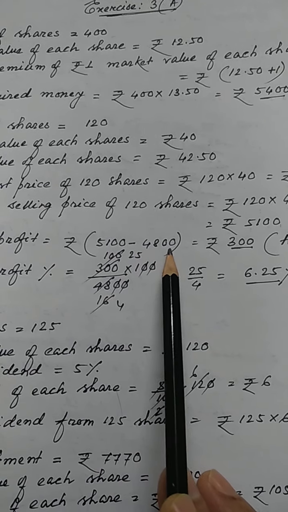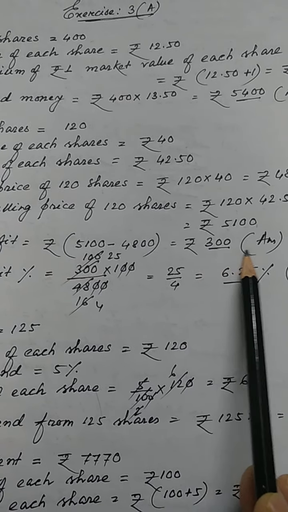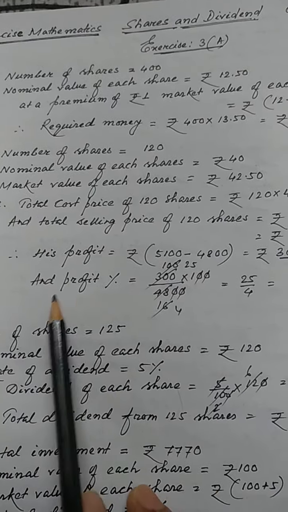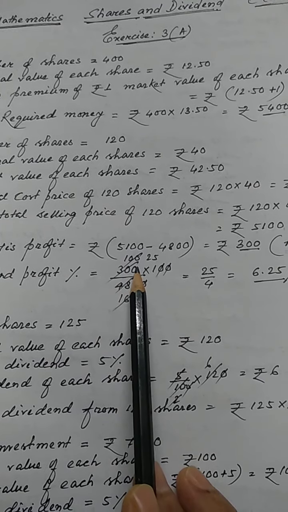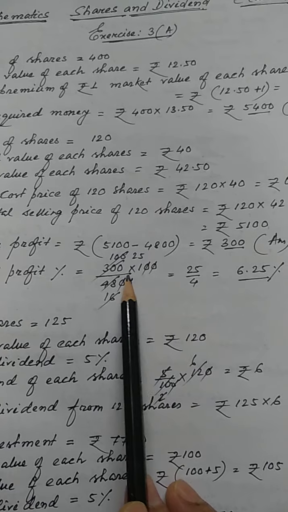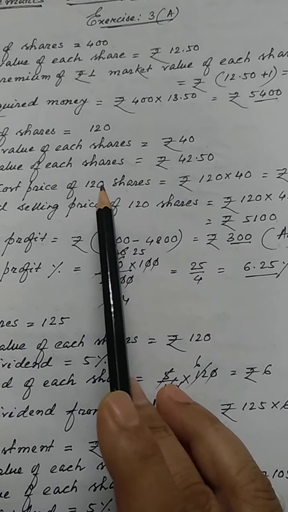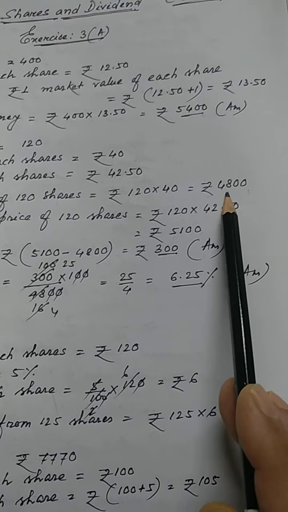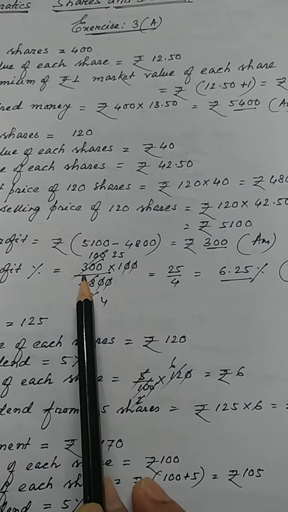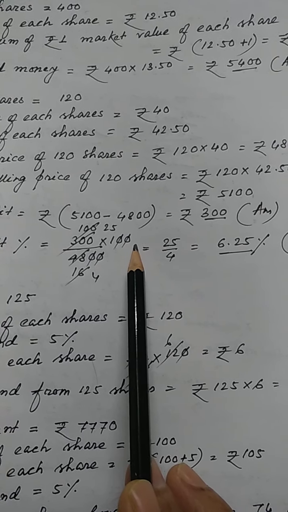5100 minus 4800 equal to rupees 300, and profit percent, that is profit by total cost price. Total cost price means the price which he invests to buy 120 shares, that is rupees 4800. So 300 by 4800 into 100.